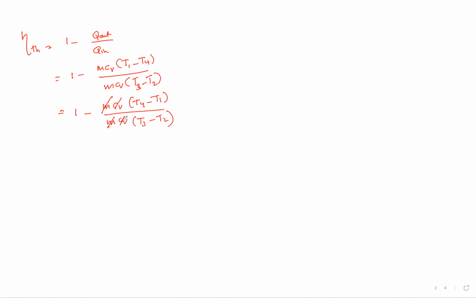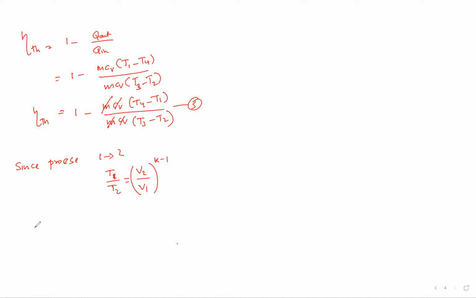And I also know that for the isentropic processes, let's say this is equation 3. For the process 1 to 2, it's an isentropic process, so T1 over T2 equals V2 over V1 to the power K minus 1.